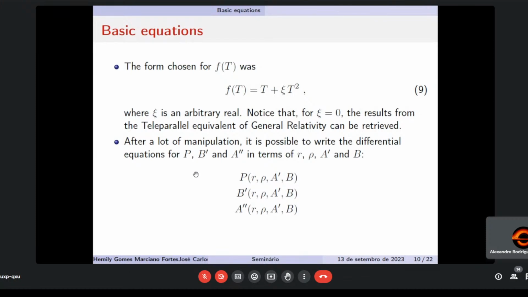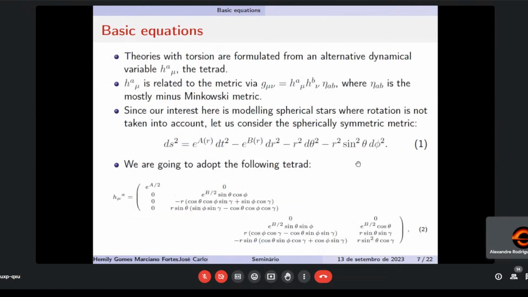So after a lot of manipulation, this requires a lot of analytical work, and we have used Maple and Mathematica to do that. We can write the differential equations for P, B prime, and A double prime in terms of r, ρ, A prime, and B. Remember that A and B are the functions which appear in the metric.